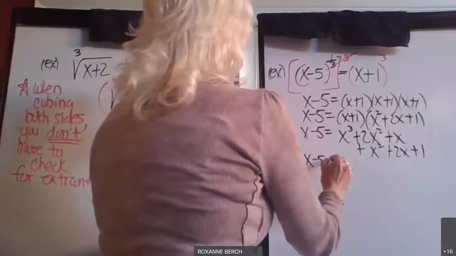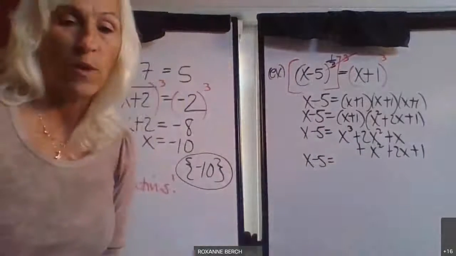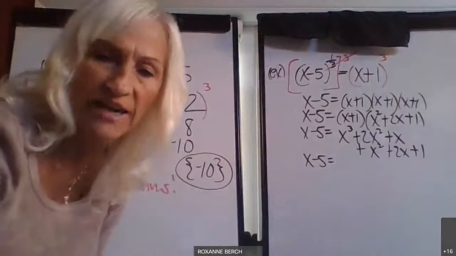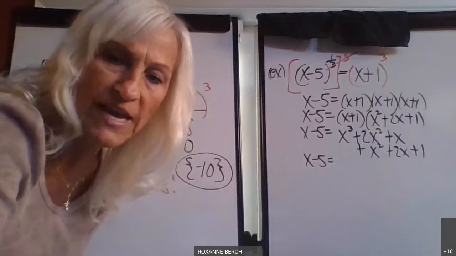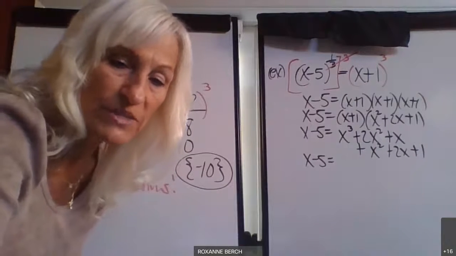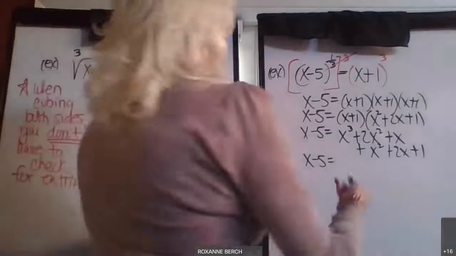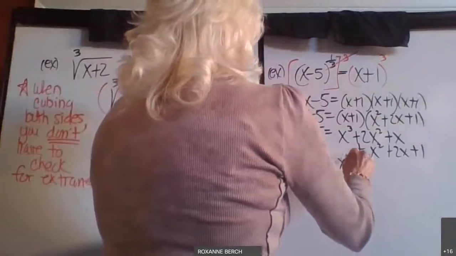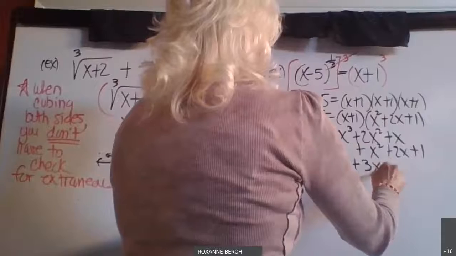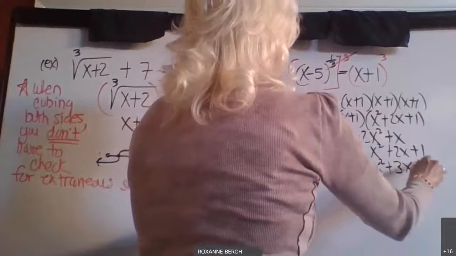And I don't know about you, but I'm praying that we can factor, because if you can't factor, you're going to have to do a p over q list, and you're going to have to do synthetic substitution. So this is x cubed plus 3x squared plus 3x plus 1.